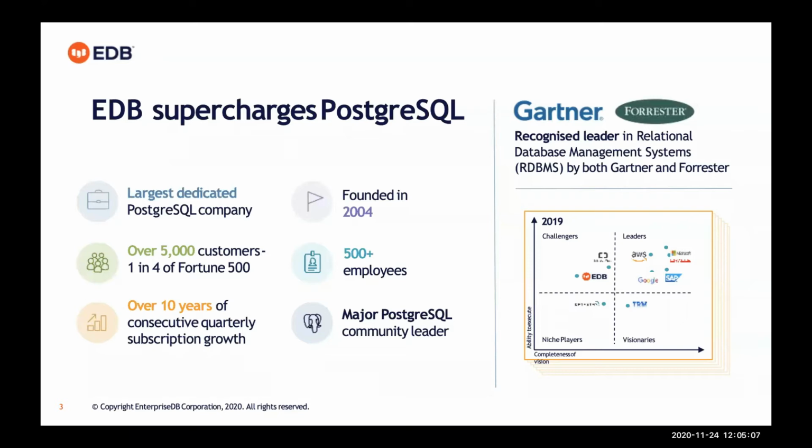Basically, we are a PostgreSQL solutions and tools company headquartered in Massachusetts, USA, with 16 global offices. EDB was founded in 2004, and since then, EDB has been one of the leading supporters and developers of PostgreSQL. We have 500 plus employees and 5,000 plus customers across the globe.